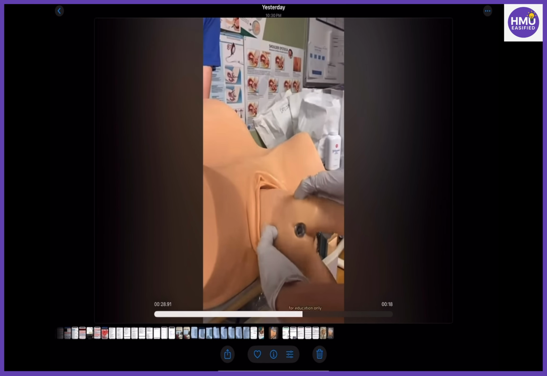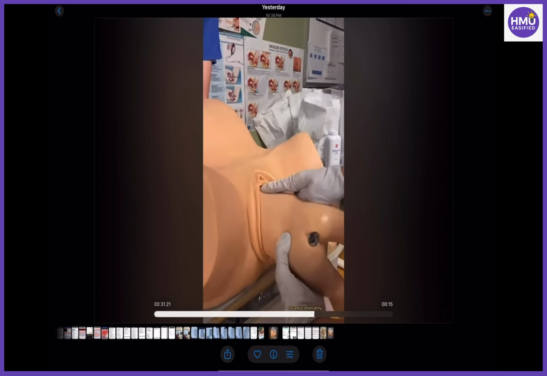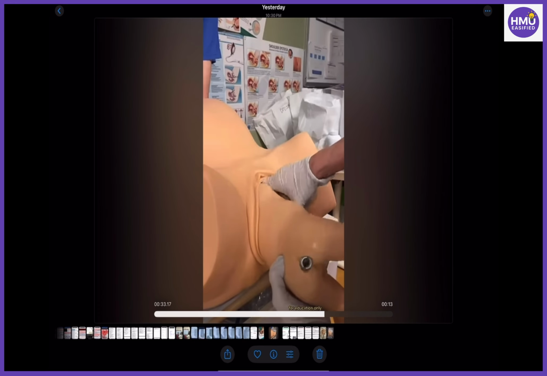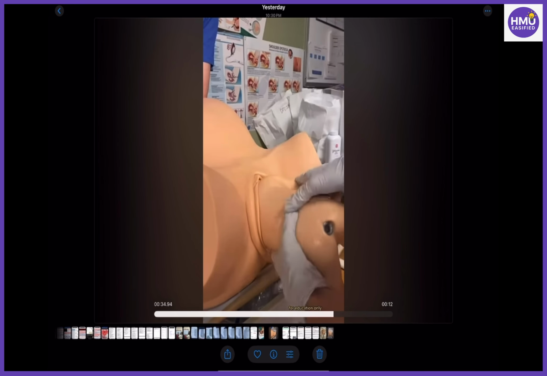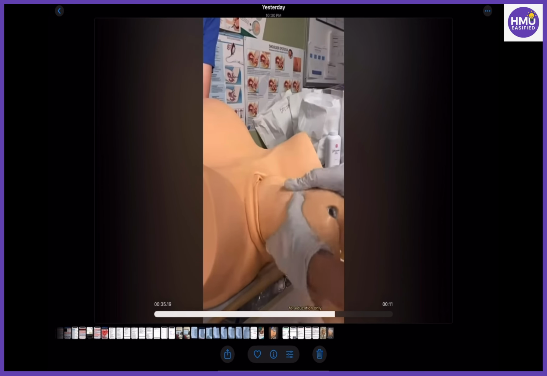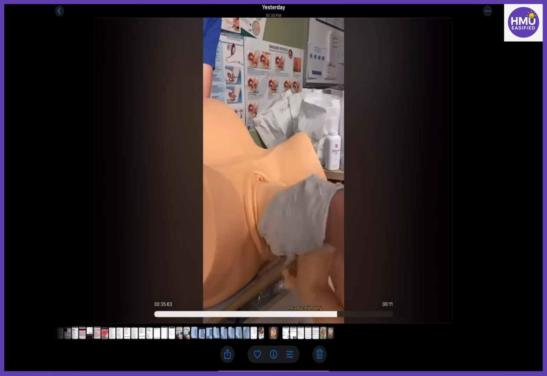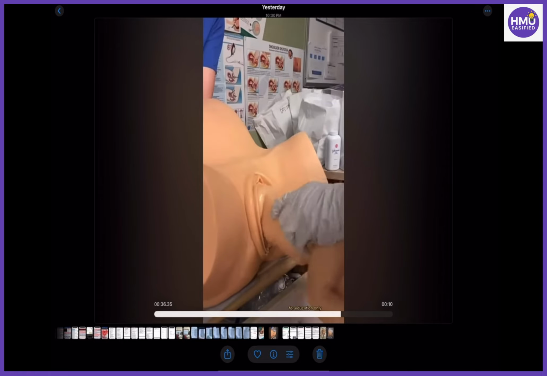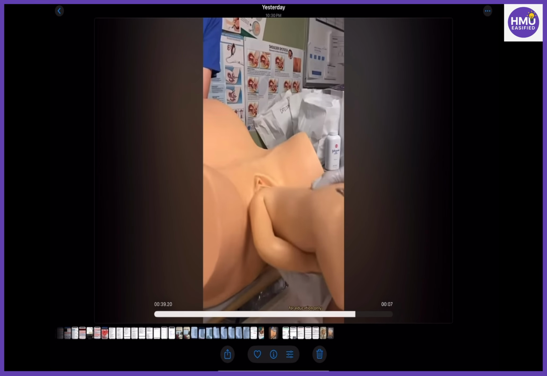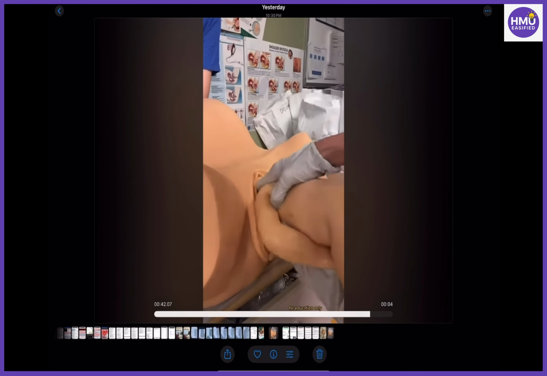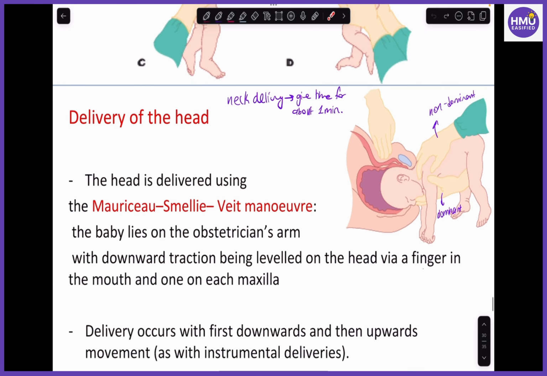Then when the shoulder blade is seen, we will rotate the baby, making the arm anterior, and assist the arm by holding it from the joint, not from the humerus, because it can cause fracture. Then making the posterior shoulder anterior, just like that, rotating the baby, and then again the same thing, assisting it from the joint and bringing the arm out. That is our Lovset's maneuver.